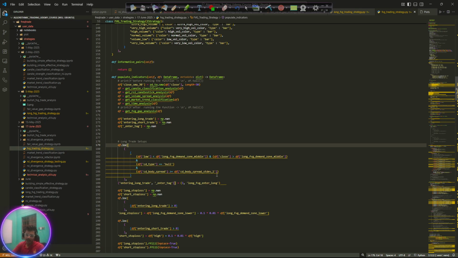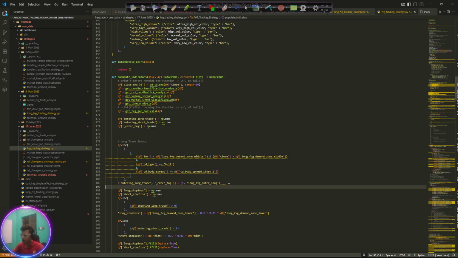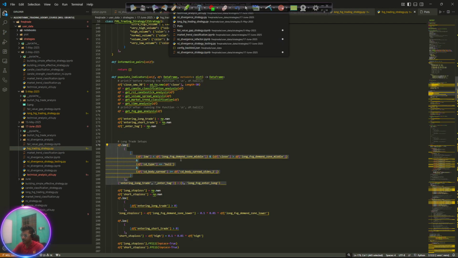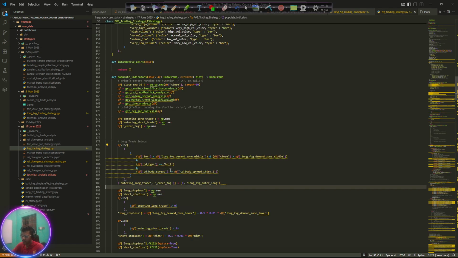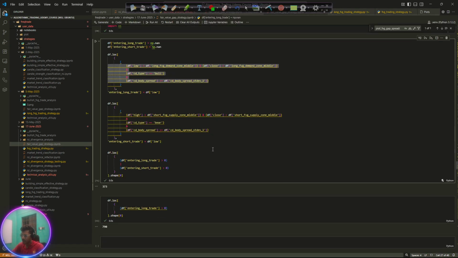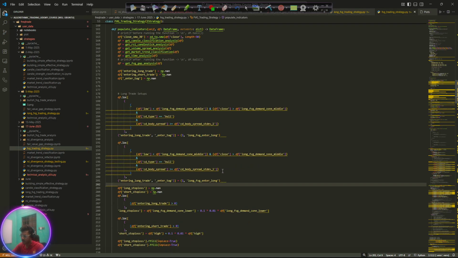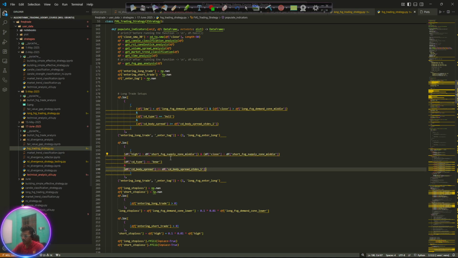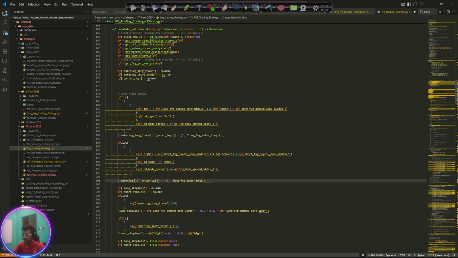And we're going to be combining RSI as well. So yeah, then for short like this. Okay, and here short trade, short activity, short.